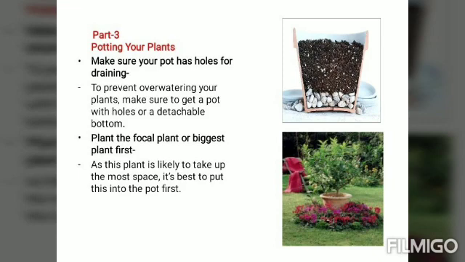This is just for illustration that I've put this picture. In the bottom of the pot, those are gravel stones. To prevent overwatering of your plant, make sure to get a pot with a hole or a detachable bottom. That will allow water to filter through. This will help keep your plants hydrated, as well as prevent root rot.